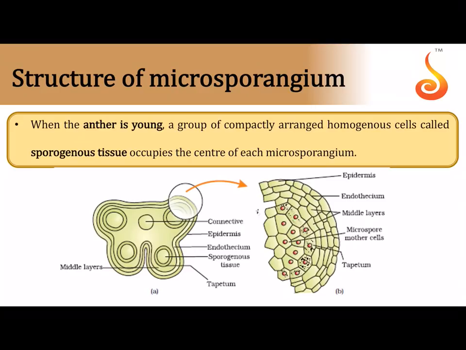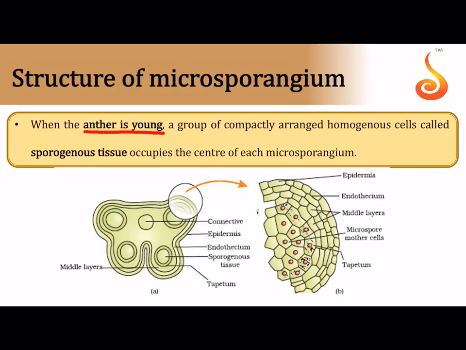So once again, you can all see when the anther is young, there is a group of homogeneous tissue which occupies the center of the microsporangium, surrounded by these 4 layers which we talked of. And what is this mass of cells which look alike called?